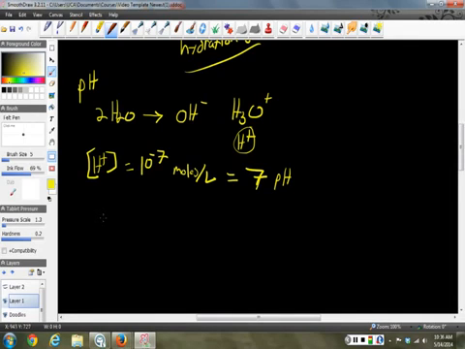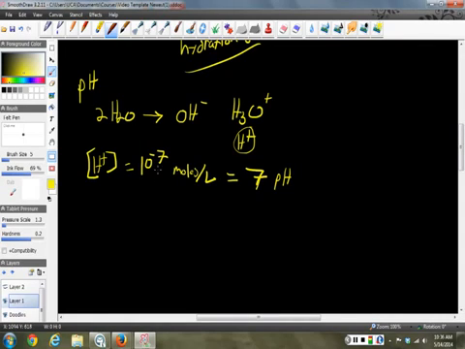So another example, and basically this pH scale is a logarithmic scale. So every change in pH, so if you go from a pH of 5 to a pH of 4, that's a 10 times difference in the concentration of hydrogen ions. And we take the negative logarithm of the concentration of hydrogen, and that's how we get our pH. So we go 10 to the negative 7. What's the negative logarithm?